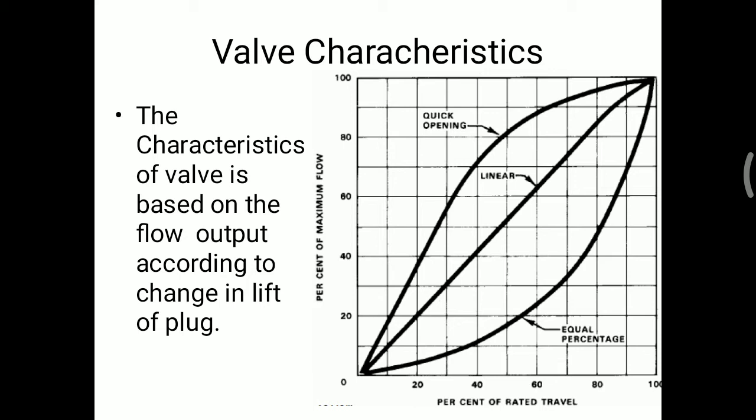There are some characteristics of valve like equal percentage, linear, quick opening. From the graph you can see for a small percent of opening of the plug, the valve in equal percentage characteristics opens equally in linear characteristics.